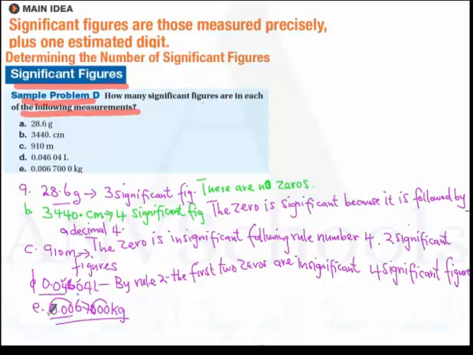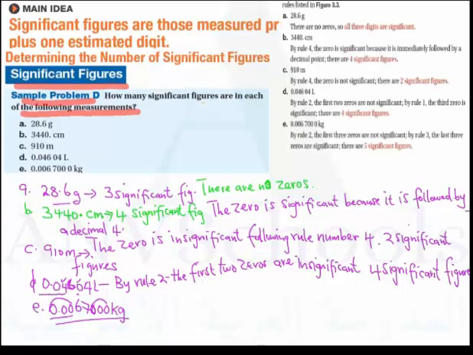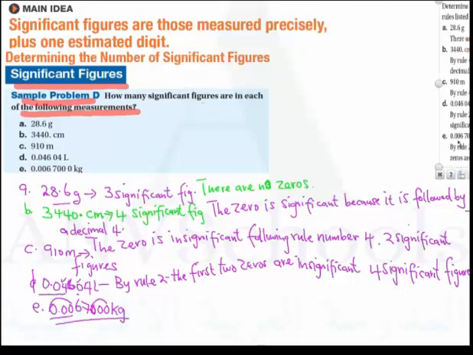As we have said, the first zeros are insignificant, but the last ones are significant.